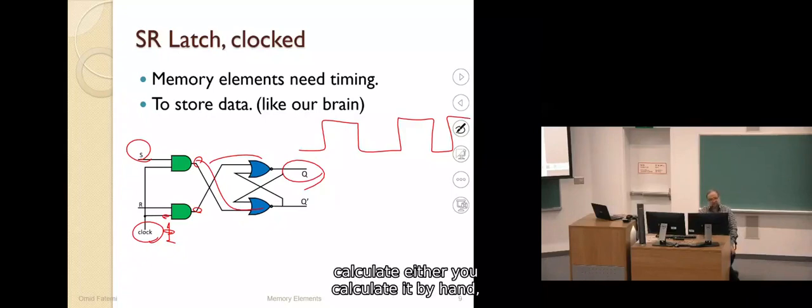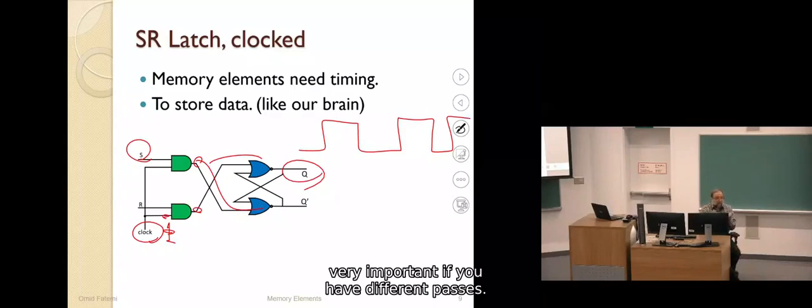You have to calculate. Either you calculate it by hand, which is very difficult, or you do the simulation. You design your circuit and give it to Quartus. Quartus will calculate the delays and say, for example, this is the critical path, the longest delay. So your clock cycle should be longer than this. The concept of critical paths becomes very important.